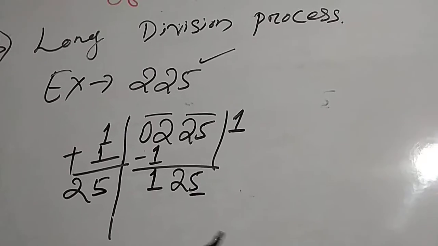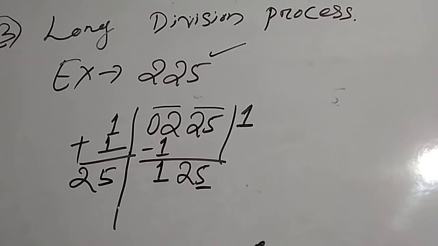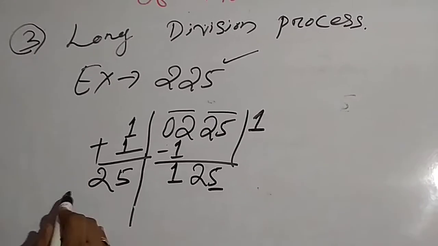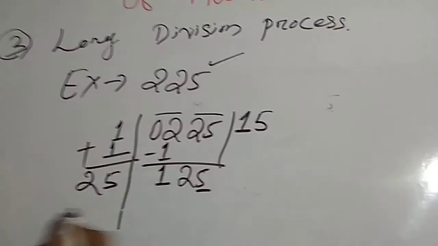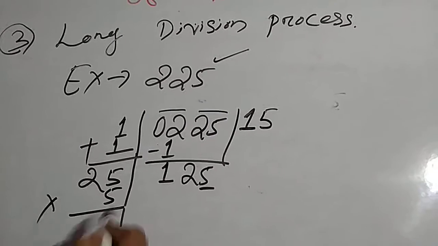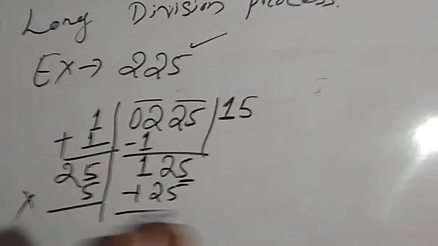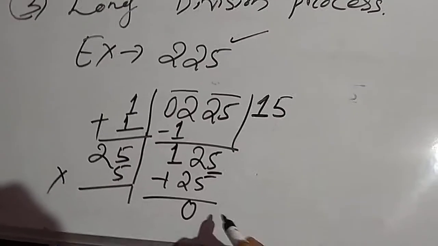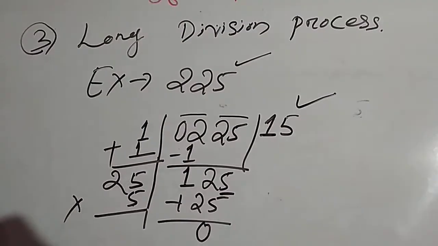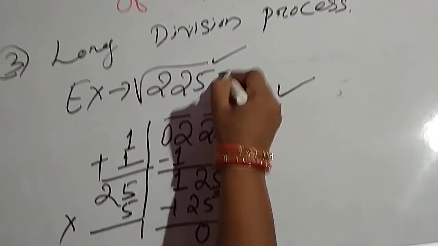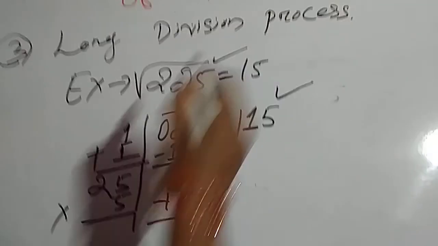Why? If the unit place is 5, that is the square of 5. So again we put 5. 25 5s are 125. Okay, 0 means this is our square root. So the square root of 225 equals 15.